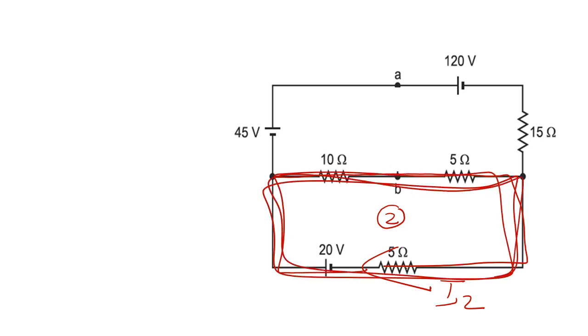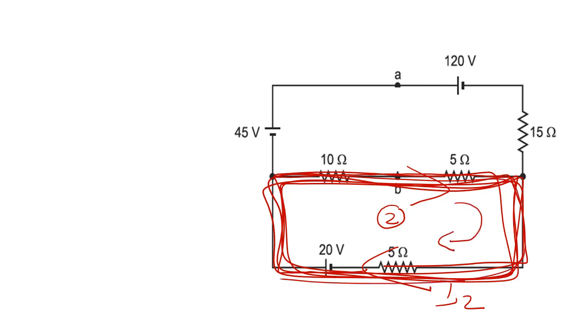This is the direction of the I2 current and this is the loop direction. I have taken both the same. This is very important in this type of question: the loop direction and the direction of the current in that loop.